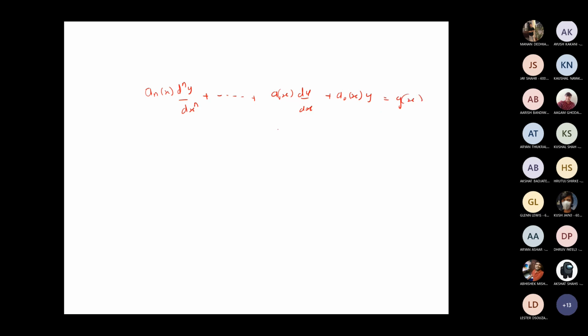So when the governing differential equation is of this form, this is y and these are the derivatives of y, and these are the functions in front of y and its derivatives.